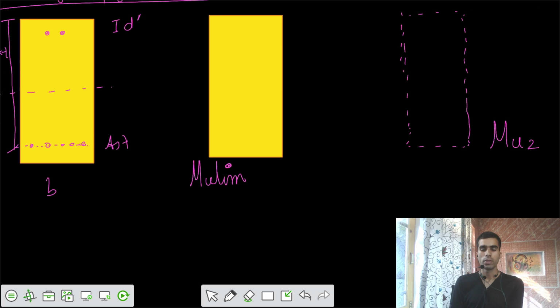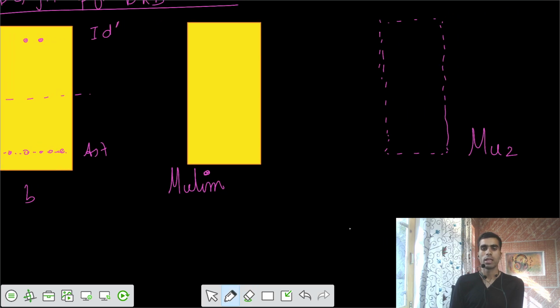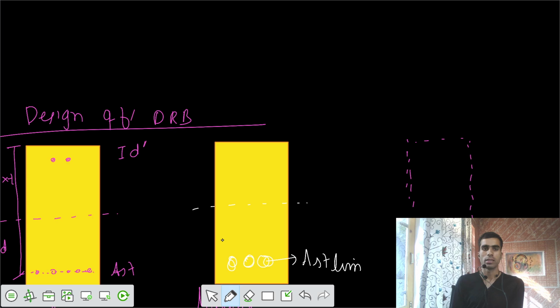Now we will say that this is similar to a singly reinforced beam with some steel provided here equal to AST limiting, and we have the neutral axis at the same level.